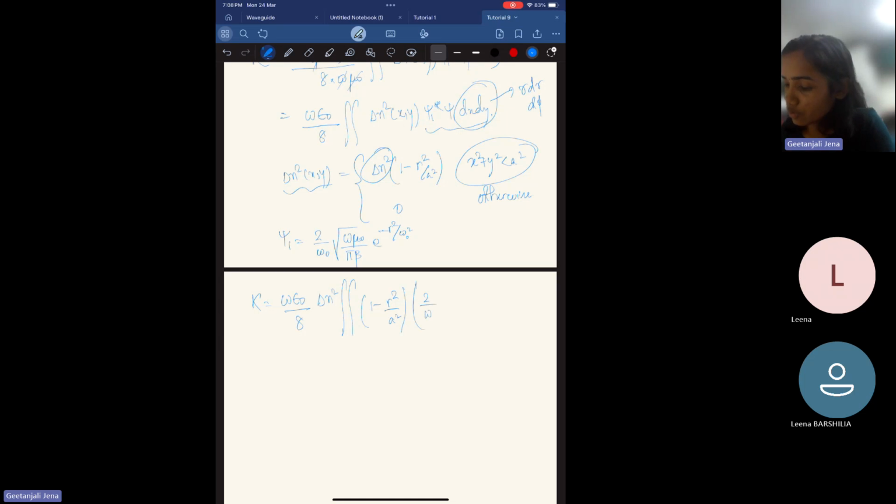This will give 2 by omega 0 square, omega mu 0 by pi beta, e to the power minus 2 r square by omega 0 square, r dr d phi. The limit for r is, as I said before, from 0 to a, and for phi it will be 0 to 2 pi for a complete circle.